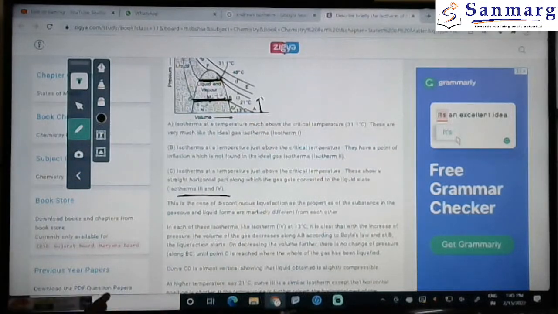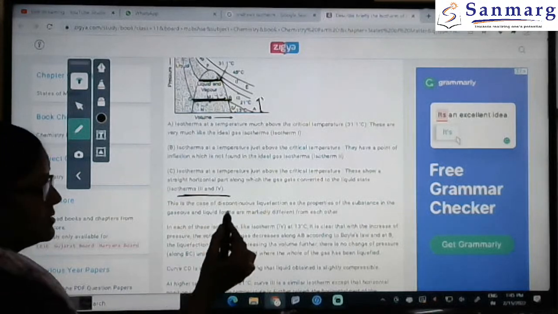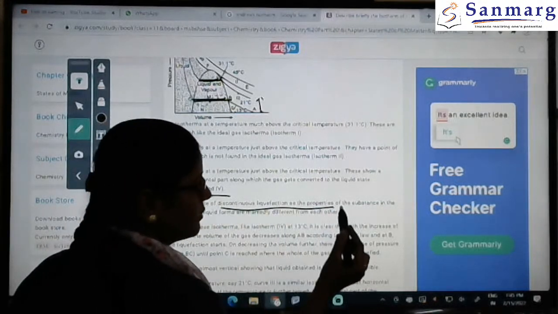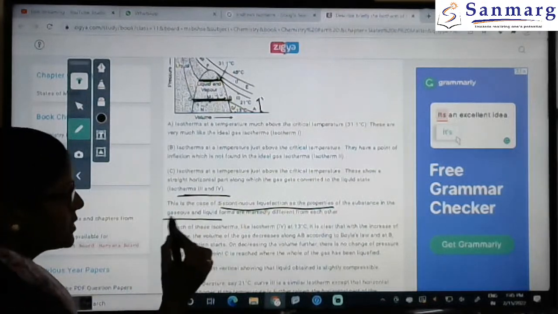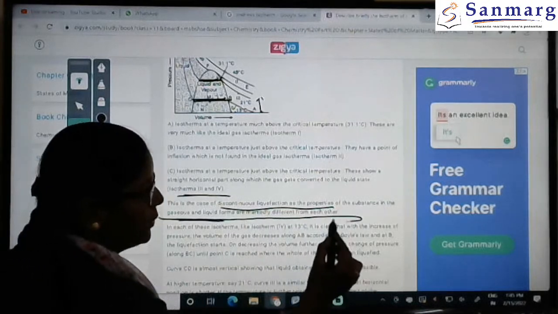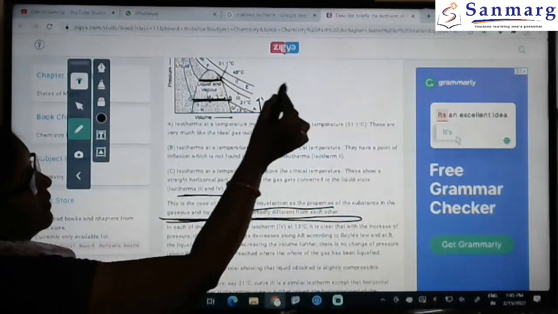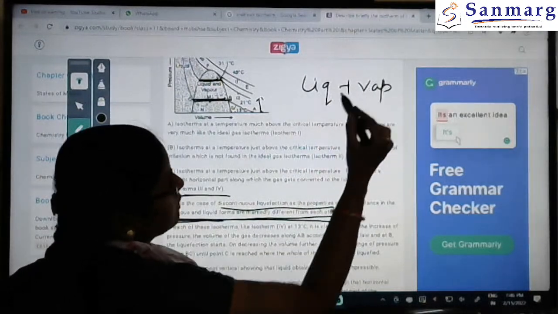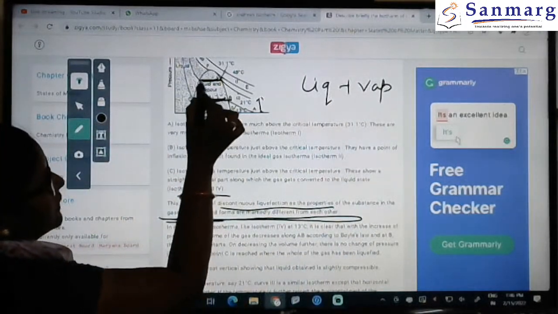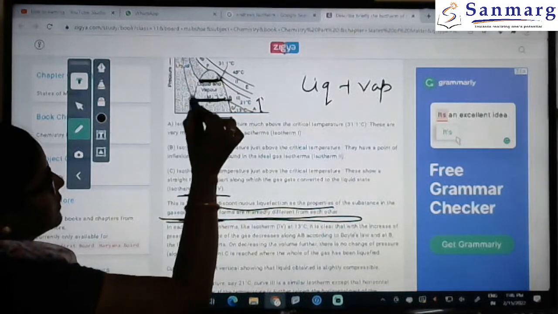Here, in this case, there is a discontinuity of liquefaction, meaning gas and liquid both exist there. You can see liquid plus vapor, both are there in this horizontal path.